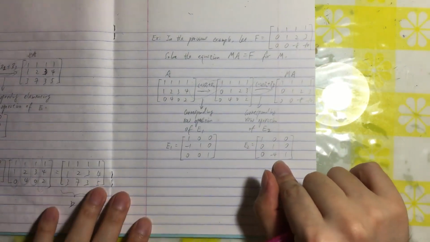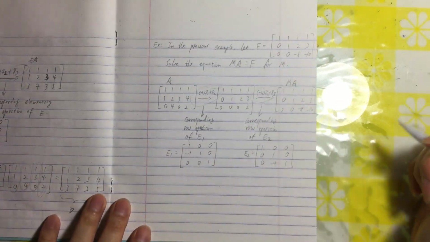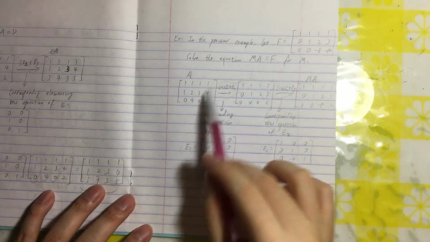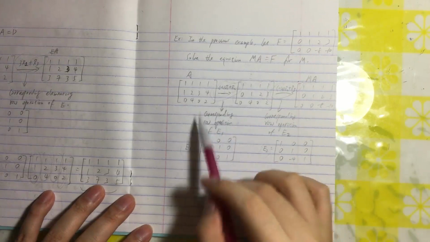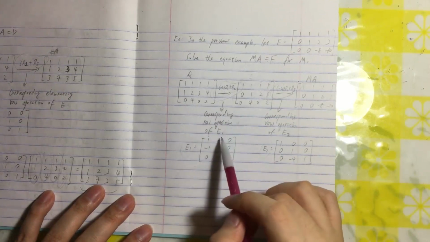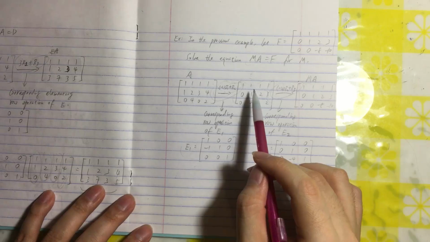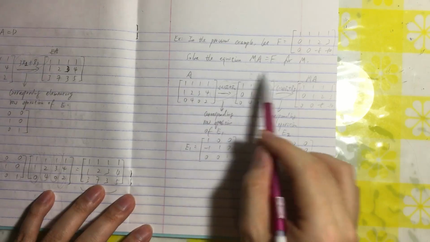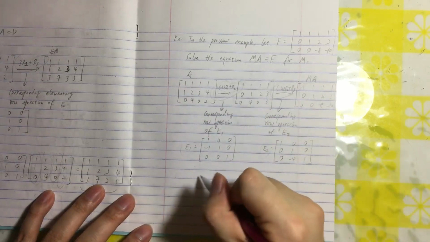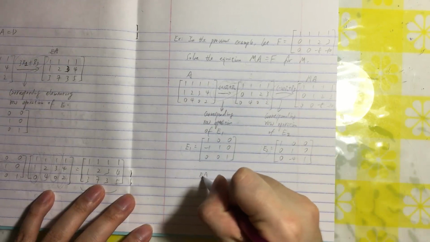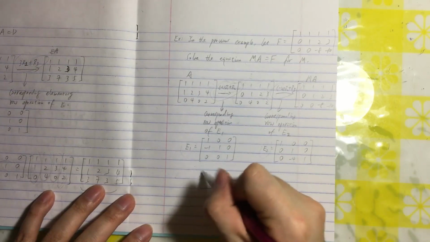Now, how do we find M based on E1, E2? Since this is a corresponding elementary operation of E1, if I take E1 times A, I get this matrix. The elementary matrix E1 must come first.